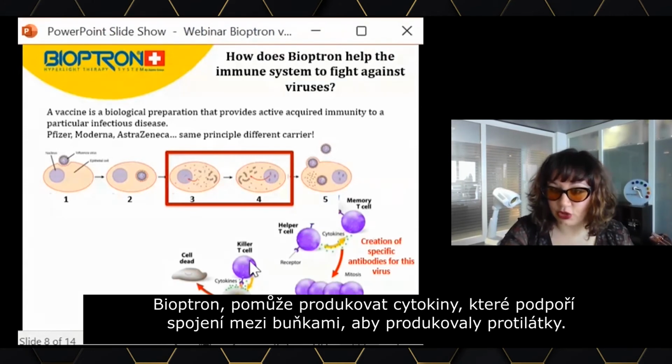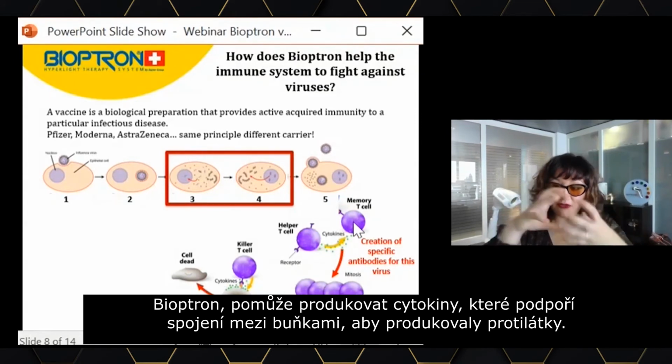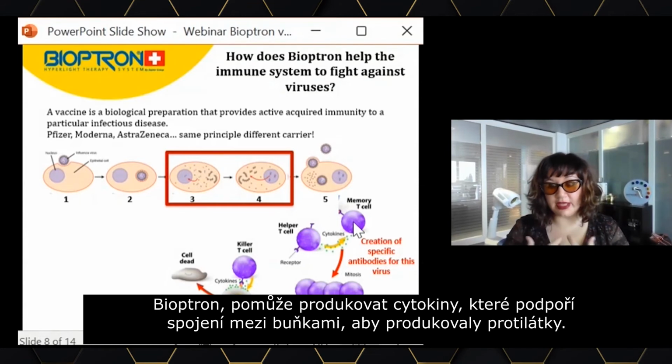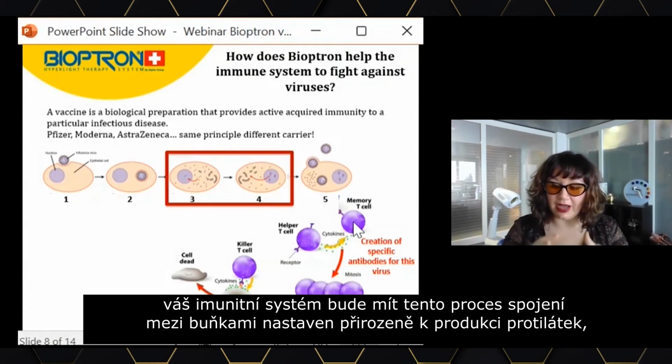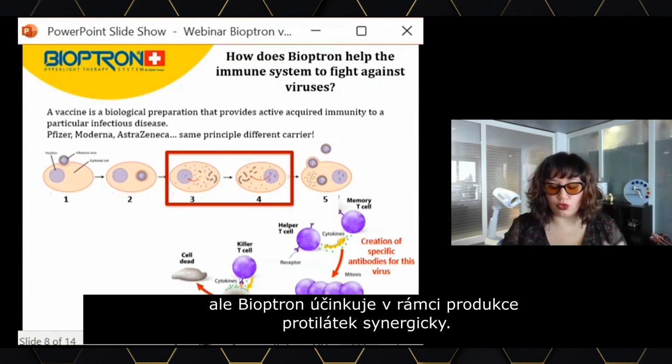As I told you, it will help to produce these cytokines that will favor the connection between cells to produce the antibodies. So when you take a vaccine or when you have been infected by the coronavirus, your immune system will naturally have this process of connection between cells to produce these antibodies, but the use of Bioptron will have a synergic effect to produce these antibodies.